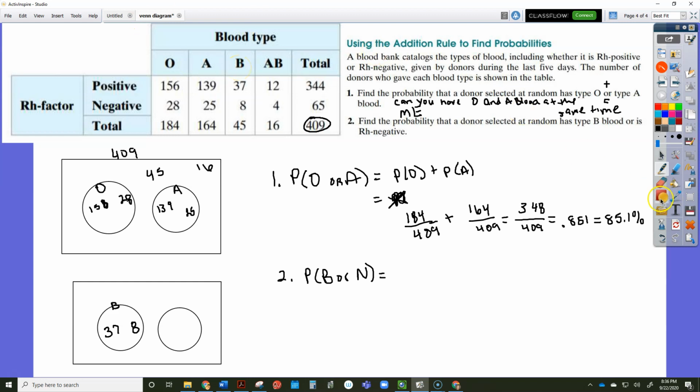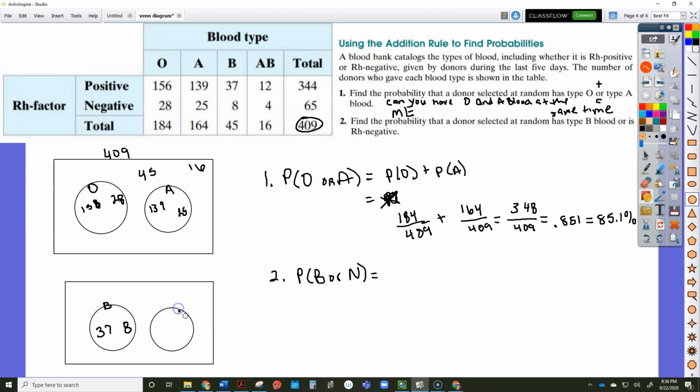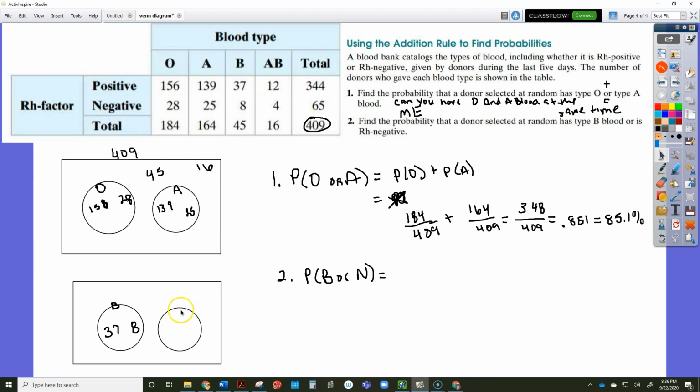So what that means is that my circles are going to intersect. So I need to take this circle right here, and I need to move it over, because 8 is just a part of a total of 65.